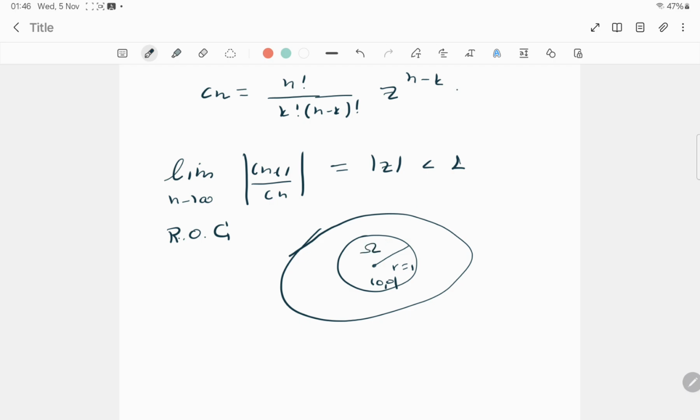Let's call this omega 1 and this omega 2. So we have a circle here centered at the origin with radius 1. So the region of convergence is all the interior points of the unit circle with radius 1.